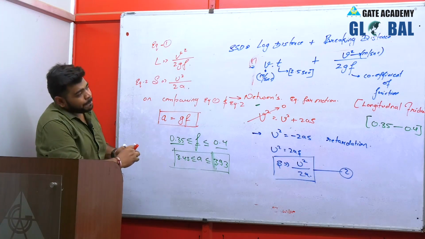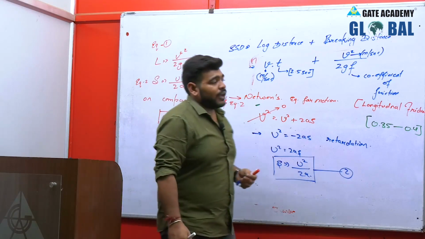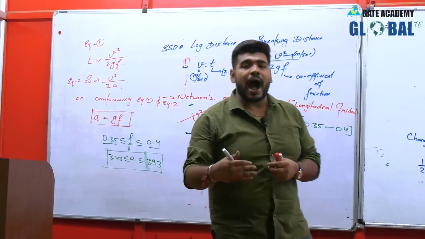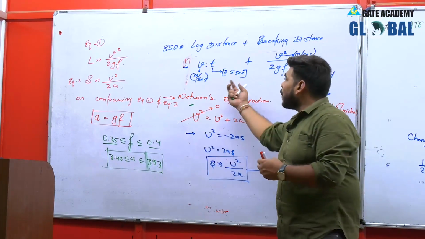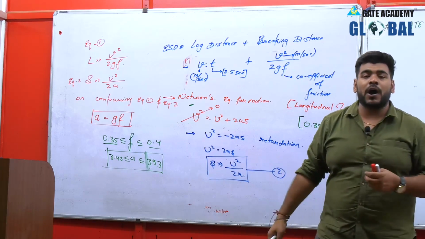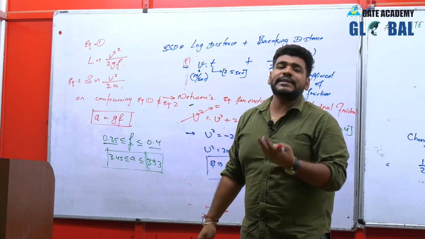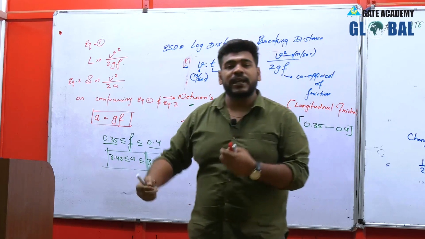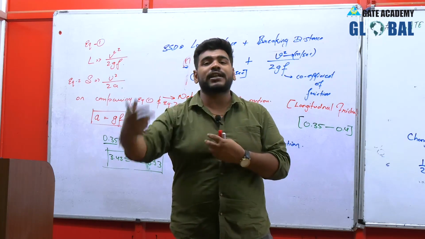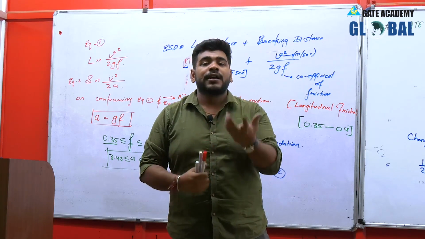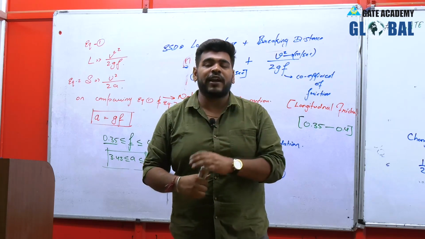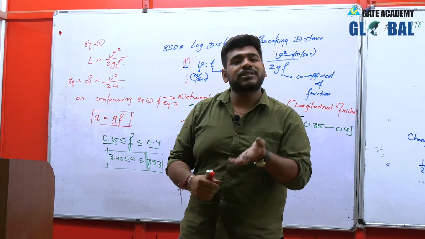Till now we discussed how stopping sight distance is calculated on a flat gradient. In the next video we are going to see what variations come in stopping sight distance if the vehicle moves on an up gradient or a down gradient.